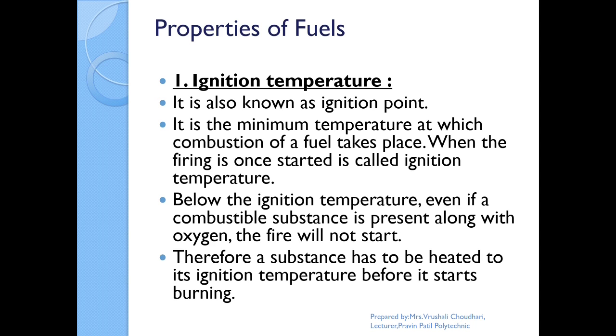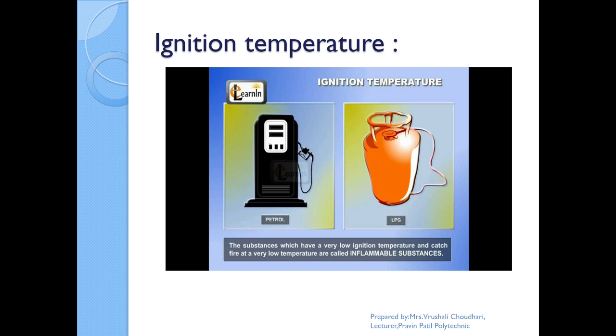Therefore, a substance has to be heated to its ignition temperature before it starts burning. Here, petrol and LPG are substances which have a very low ignition temperature and can catch fire at a very low temperature. They are called inflammable substances.